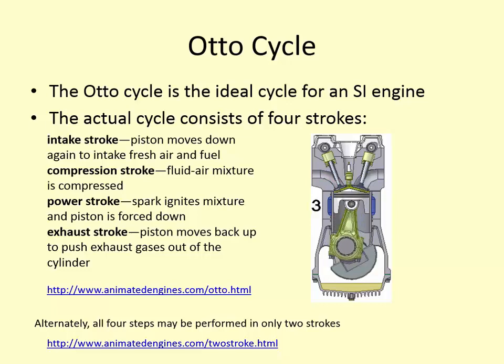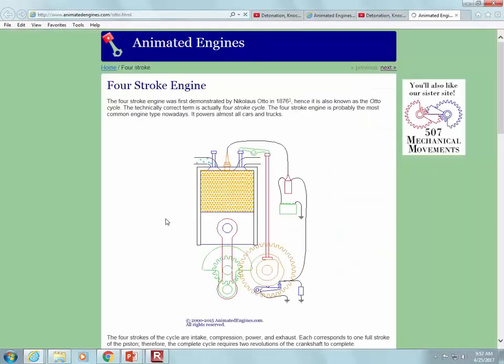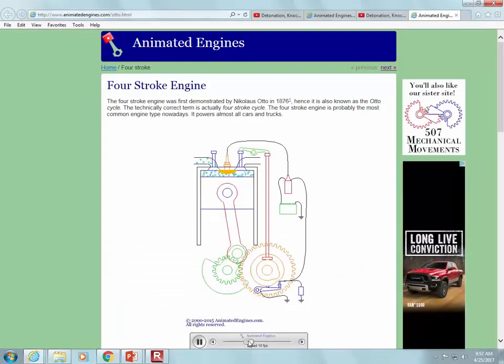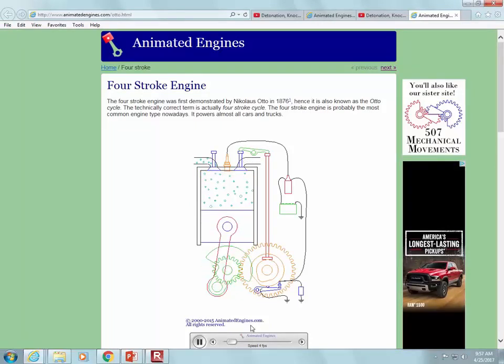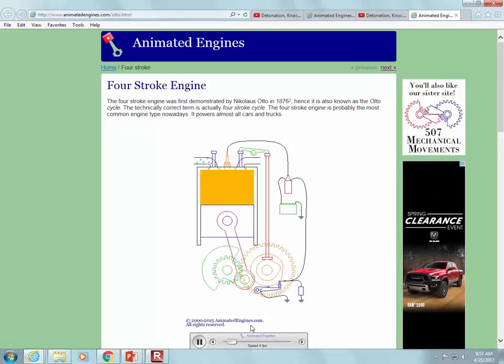So you can see here that this is showing 1, 2, 3, 4. We can look at another version and slow it down so we can look at these steps distinctly. So we have intake, compression, power stroke, exhaust.